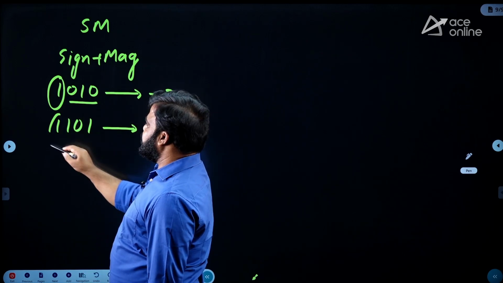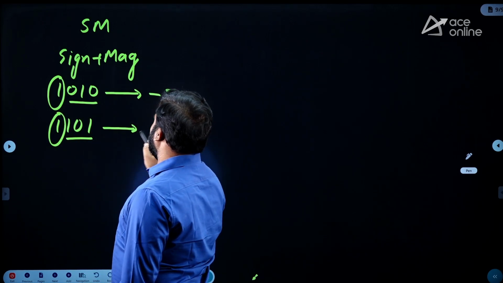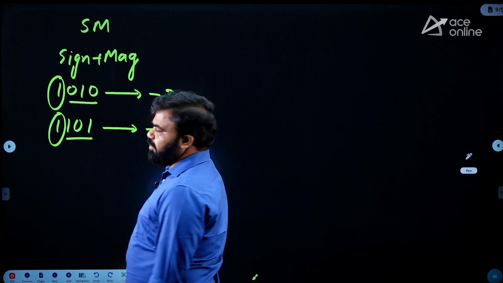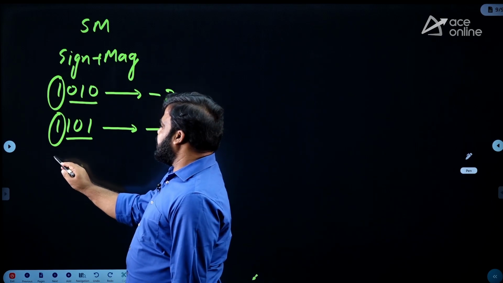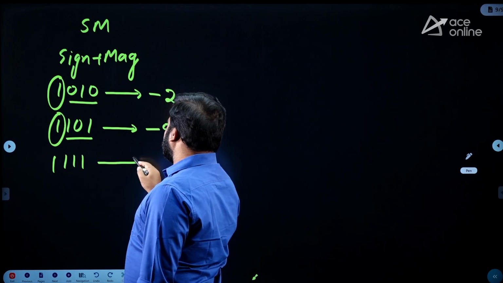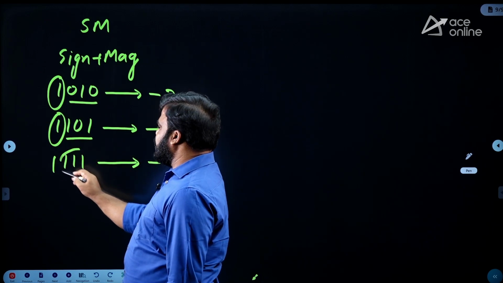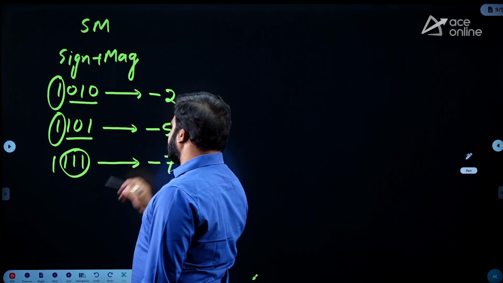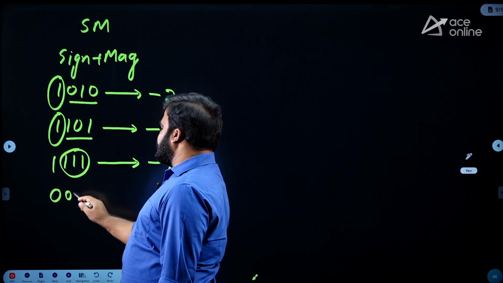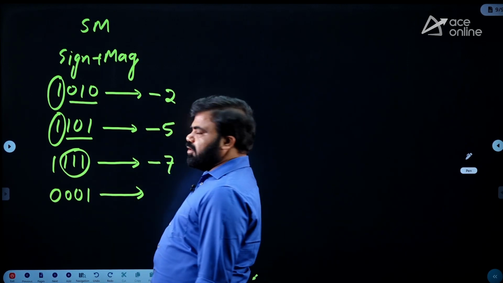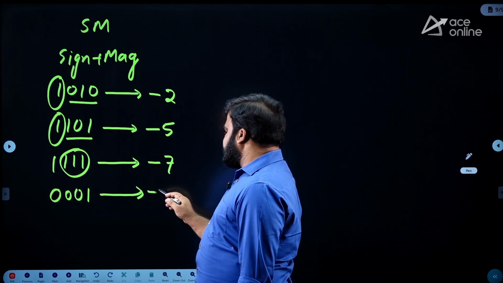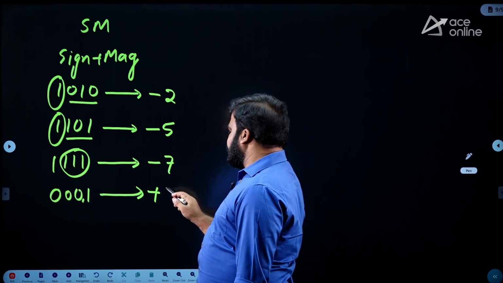The MSB is 1, minus, 101 is 5, so it is minus 5. Next, 1111: 1 is minus and the magnitude is 7. If I say 0001, the MSB is 0, positive, and 001 magnitude is 1.